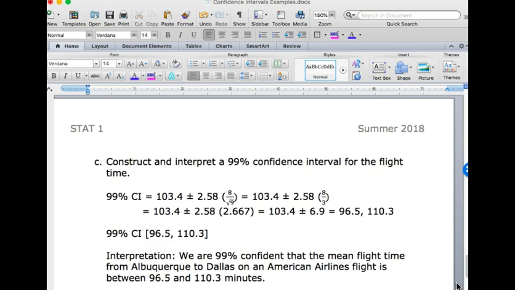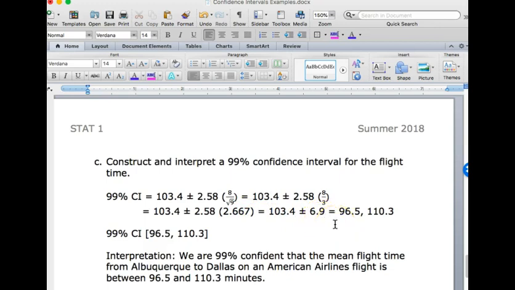Everything stays the same except for the 2.58, right? 103.4 plus or minus 2.58 times 8 divided by 3. 103.4 plus or minus 2.58 times 2.667, which is equal to 103.4 plus or minus 6.9, right?